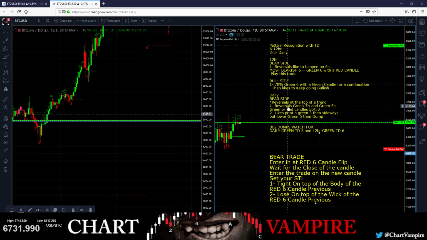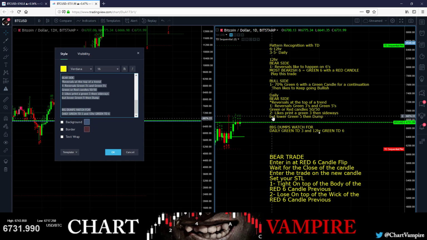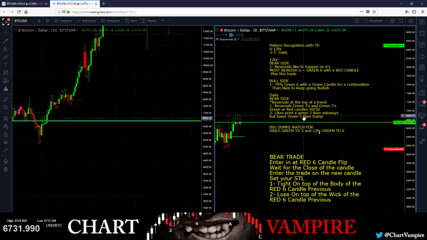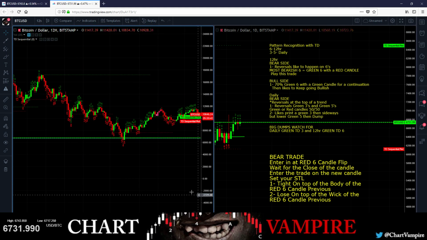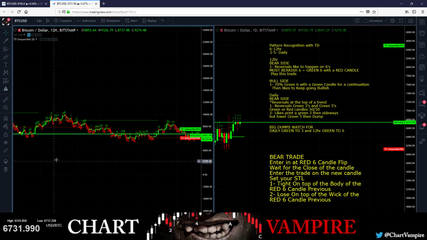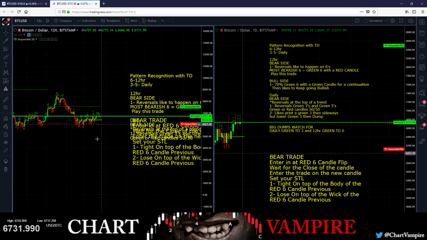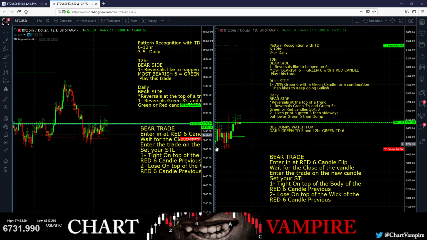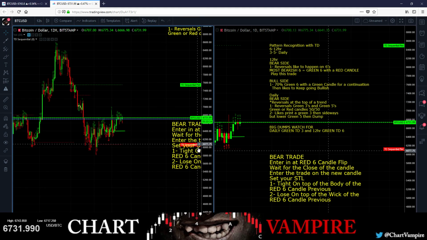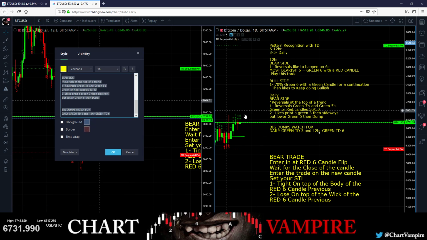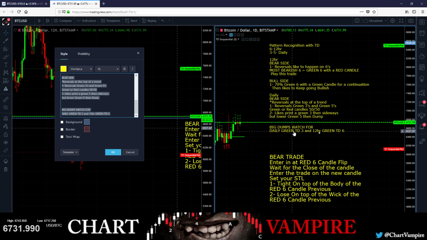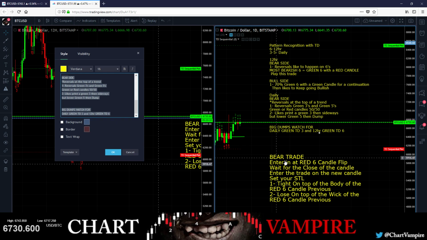But on the daily, it likes to dump on the 3-5. So on the daily, it loves to dump on the 3-5. So I would say here, which doesn't help us at all, is you have a situation where, on the bear side, it dumps on the green 3 and green 5.